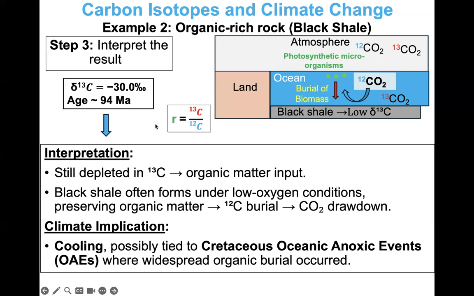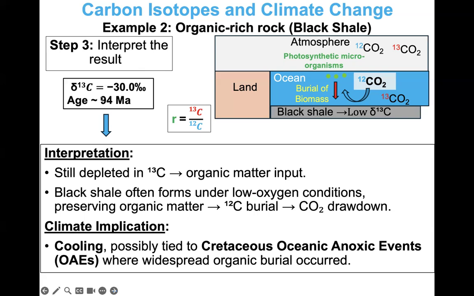And because this is 94 million years, this is likely linked to the Cretaceous oceanic anoxic event, which means there is a time when you have a very low amount of oxygen at the bottom, which causes this black shale and the organic matter in it to be preserved because you have low oxygen.